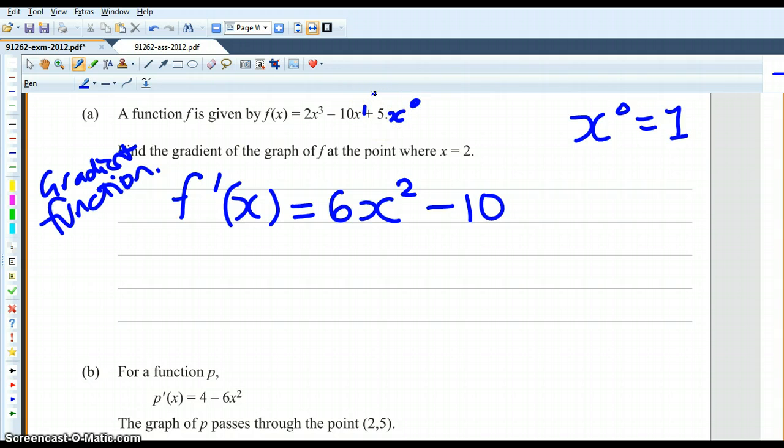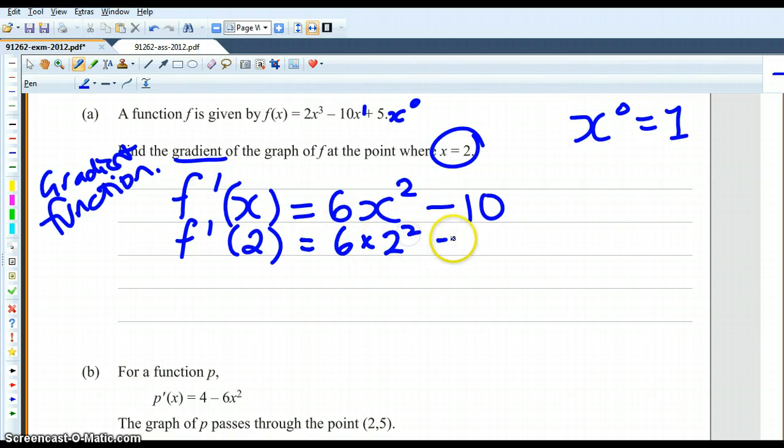just disappears. Now we write f dash of 2 because we're wanting to find the gradient of the graph of f at the point x equals 2. So here we've got 6 times 2 squared minus 10, which is 6 times 4 minus 10, which is 24 minus 10, which is 14.